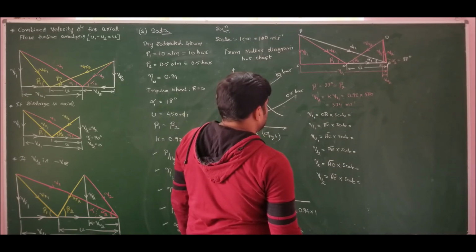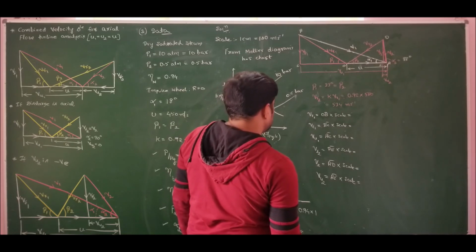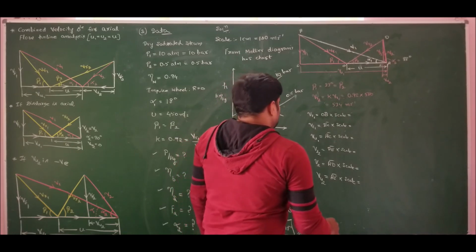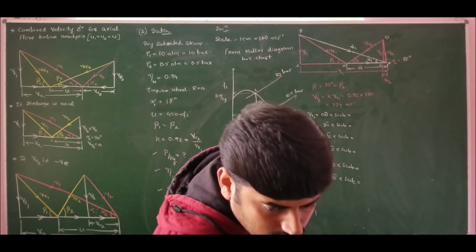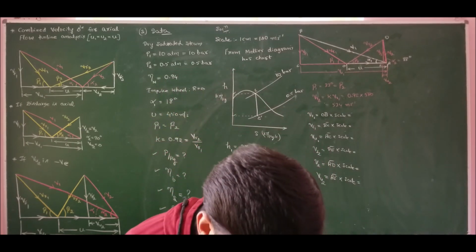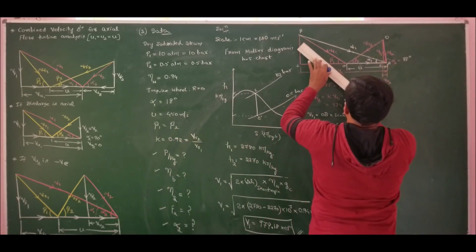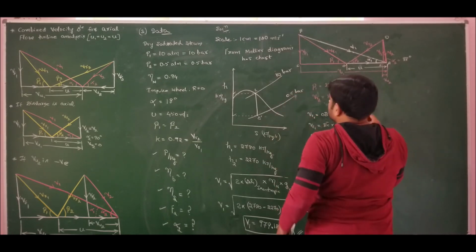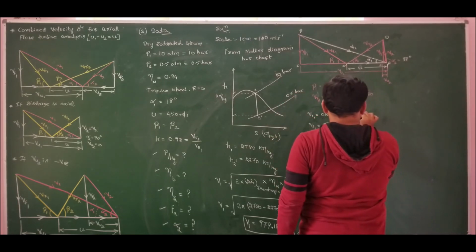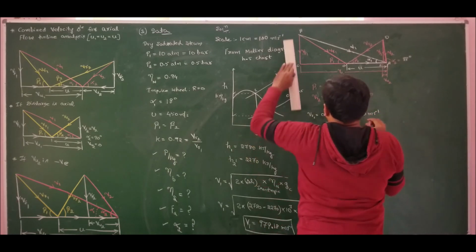So we know all the angles. Alpha 2 is 88 degrees, we have calculated. So if I solve, I'll get OB as 5.8 into 100 is 580 meters per second.